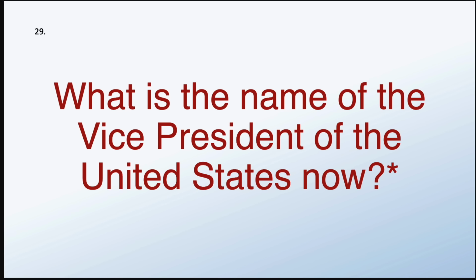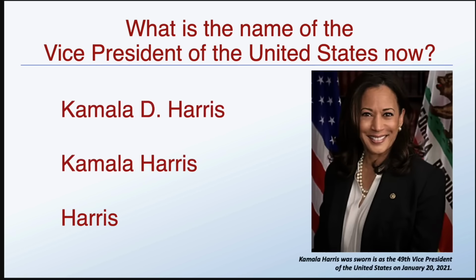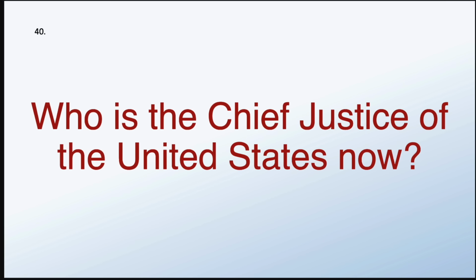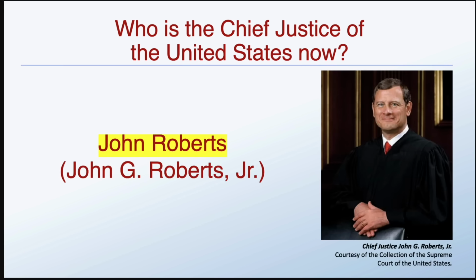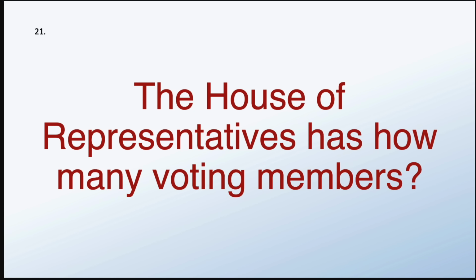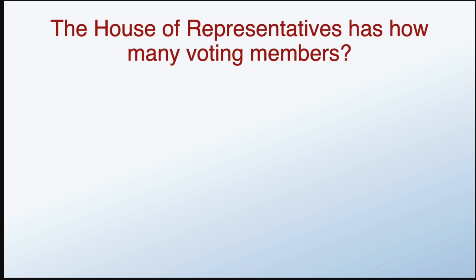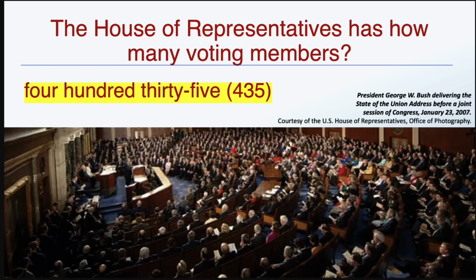What is the name of the Vice President of the United States now? Kamala Harris. Who is the Chief Justice of the United States now? John Roberts. The House of Representatives has how many voting members? 435.